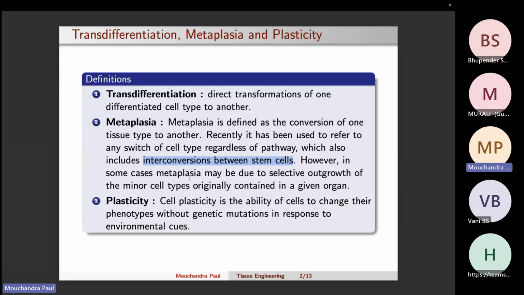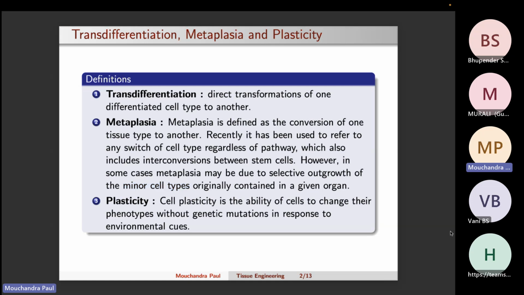It can also include the case where a small population of minority cell types can selectively outgrow, meaning they start proliferating and come out from a tissue type, and start growing on their own regardless of what other cells are contained in that tissue or organ.